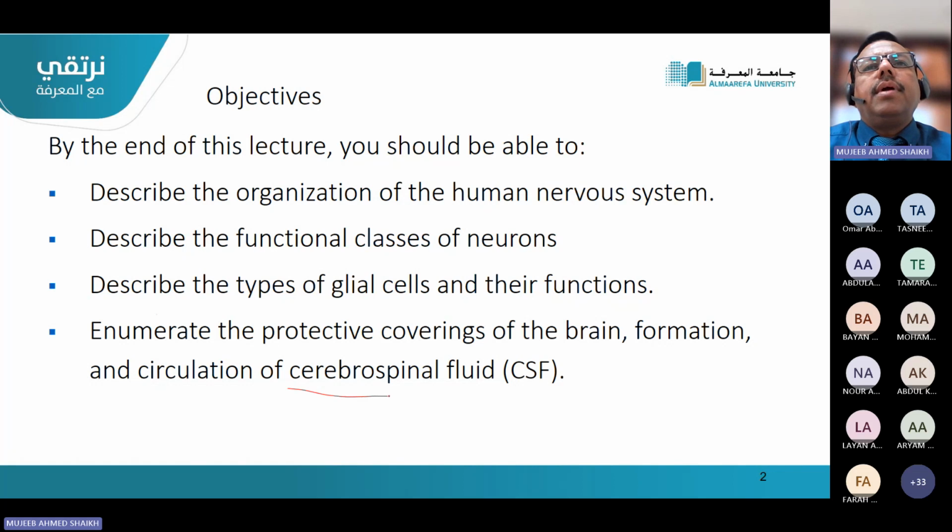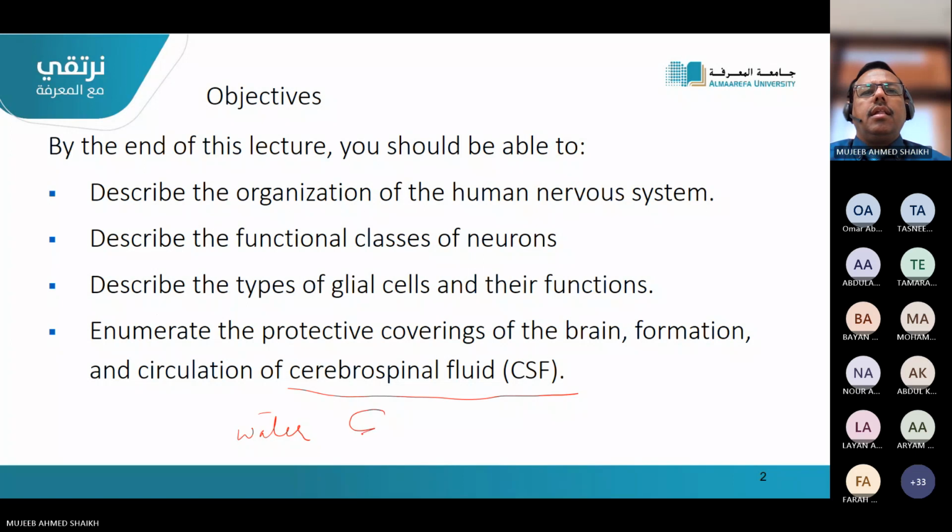Cerebrospinal fluid is a water-like liquid substance which is covering the brain and the spinal cord. So it is around the spinal cord and it is around the brain. That's why it is called cerebrospinal fluid.